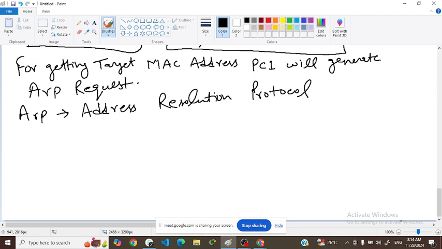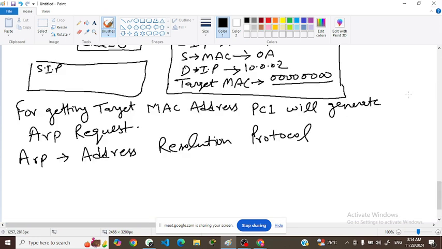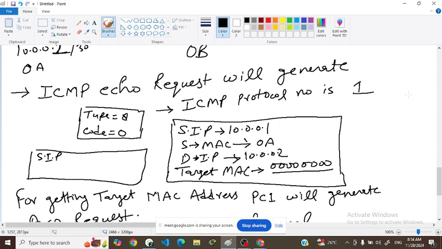This protocol helps you to get the target MAC address. Is it clear for everyone? Please give me a reply. It's a very important topic.